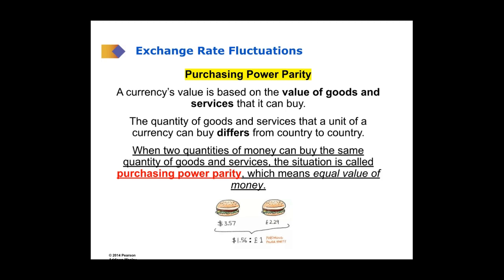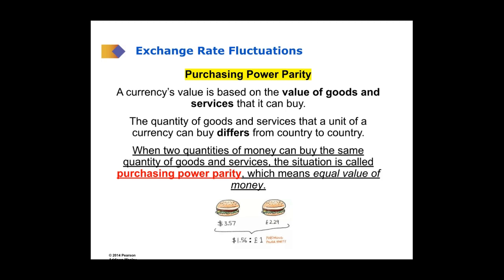So because of both interest rate parity and purchasing power parity, the market for currencies, the exchange rates, the prices that are used for trading different currencies, is very efficient. It winds up incorporating all the available information.